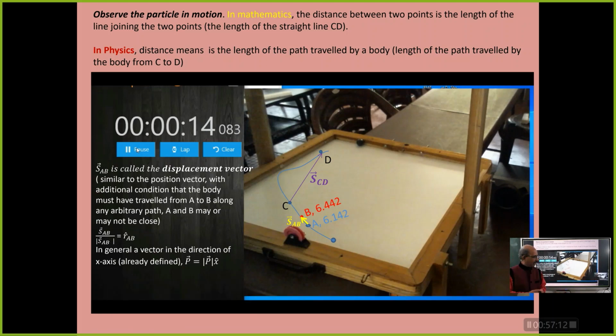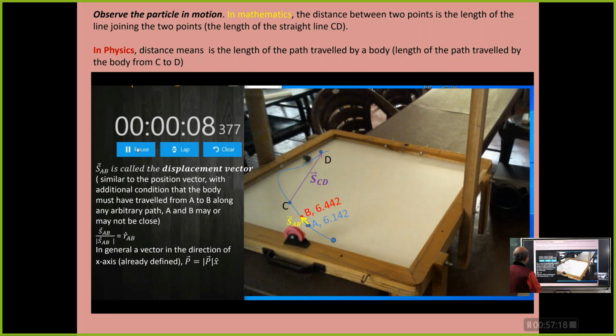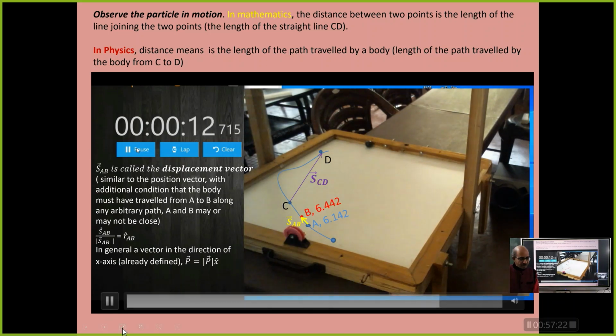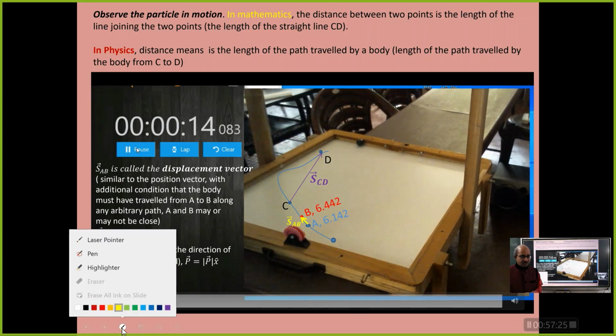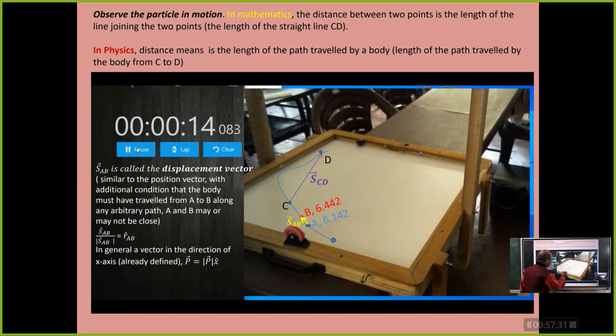What this sentence is telling you is that the body could have traveled from this point to this point like this also, or like this also.